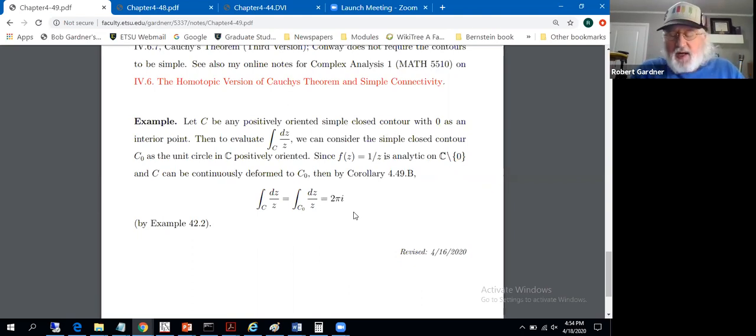So if you've got a positively oriented simple closed contour that goes around 0, you'll get an integral of 1 over z to be 2 pi i. And that's knowing not very much about that simple closed contour. You've put a condition on its orientation. It had to be simple to fit into the realm of discussion here. Then you know the value of the integral is 2 pi i.